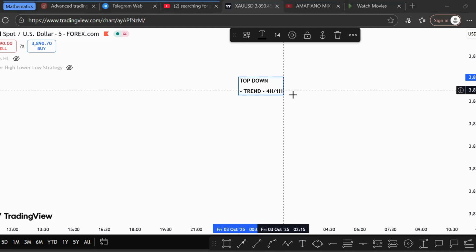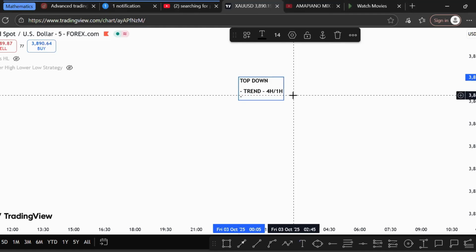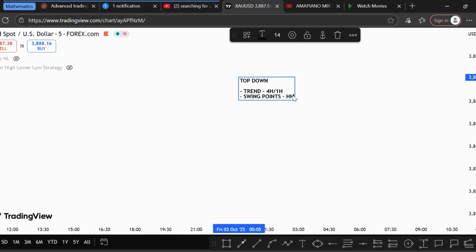Once you've identified your trend, you can then use the swing points, which in this case would be higher highs or higher lows, or lower lows, depending on the trend you are in.